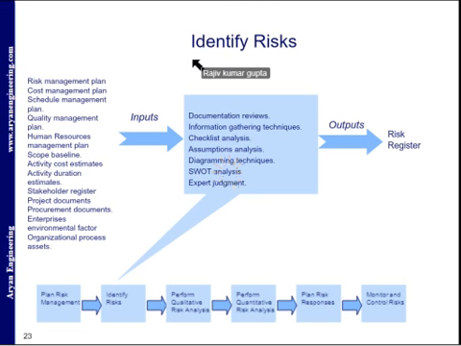Now we will go to the next process, that is identify risk. We already took one example to identify the risk. Here again, these are the inputs: the risk management plan, cost management plan, schedule management plan, quality management plan, human resources management plan, scope baseline, activity cost estimate, activity duration estimate, stakeholder register, project documents, procurement documents, enterprise environmental factors, organization process assets.